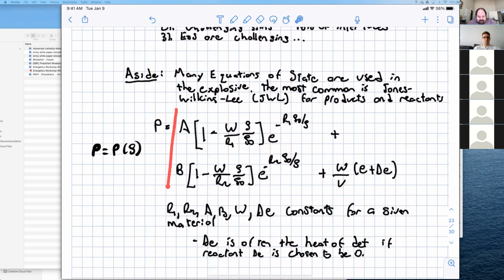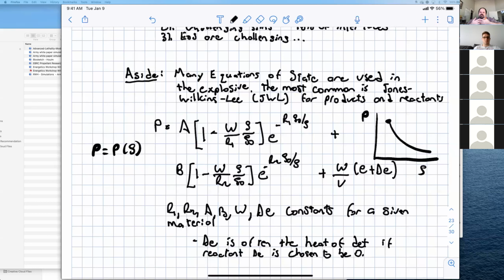In fact, JWL, if you consider a blast, and here's the CJ point, and you're going to plot the pressure as a function of rho. Essentially what they do is they just consider an isentropic expansion of the detonation products and basically fit those.